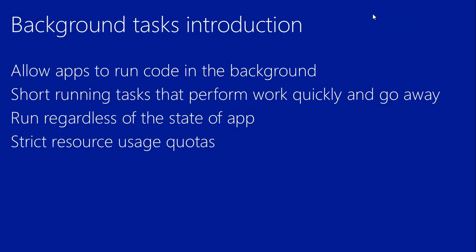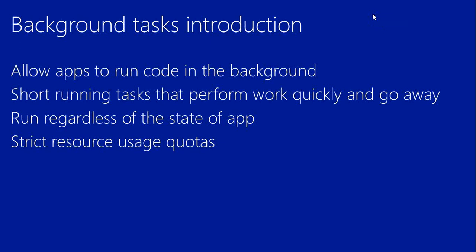Third, it will run regardless of the state of the app, which means that if your application terminates, and you have scheduled your background tasks to run at every interval irrespective of the state of the application, it should do so. And it should perform under a strict resource usage quota.